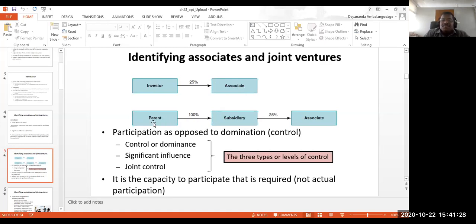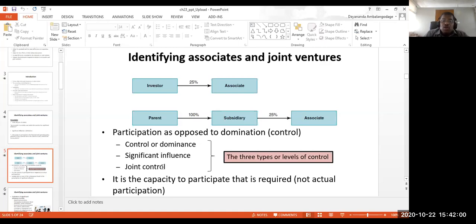When you say parent and subsidiary, the consolidation matter is coming. Investor and associate, the significant influence matter is coming. Participation as opposed to domination, control or dominance. When you say control or dominance, it's really the parent subsidiary relationship. When you say significant influence, again it's the investor associate relationship.